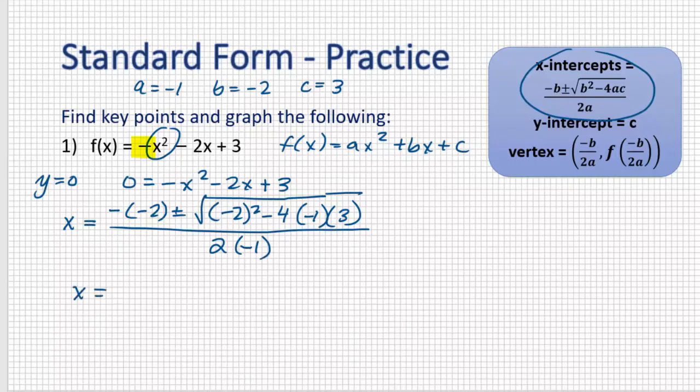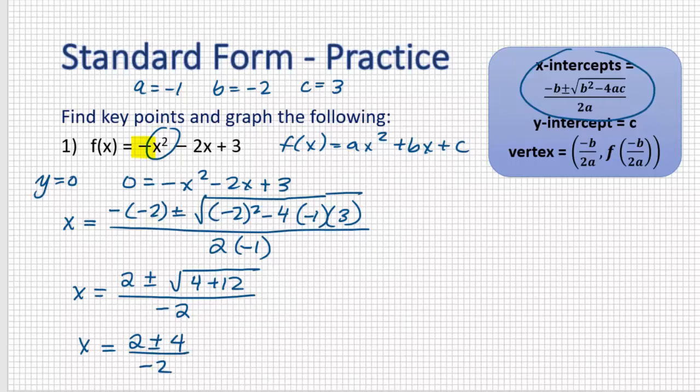So we find that x is equal to positive 2 plus or minus the square root of 4 plus 12, all divided by negative 2, or x is equal to 2 plus or minus the square root of 16, 4 plus 12 is 16, and the square root of 16 is 4, all divided by negative 2.